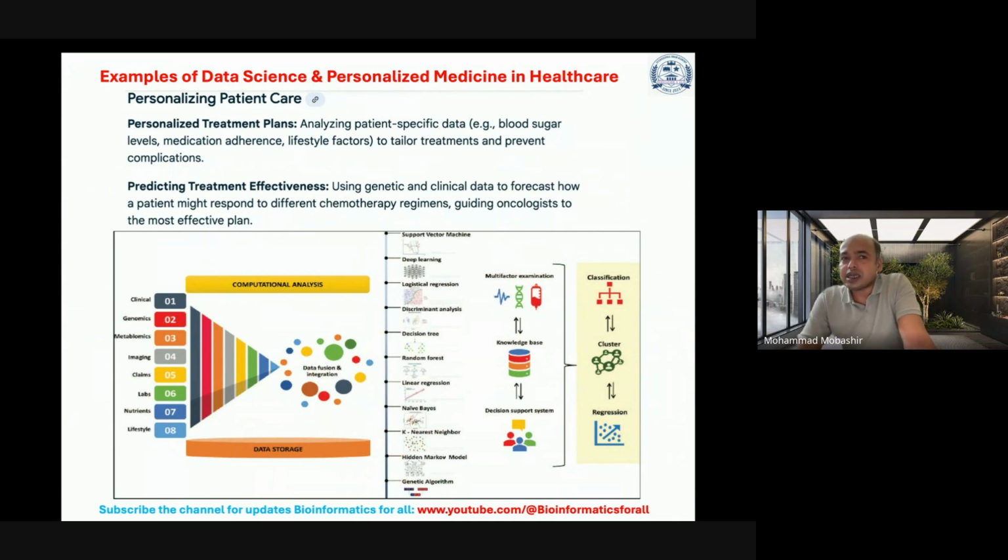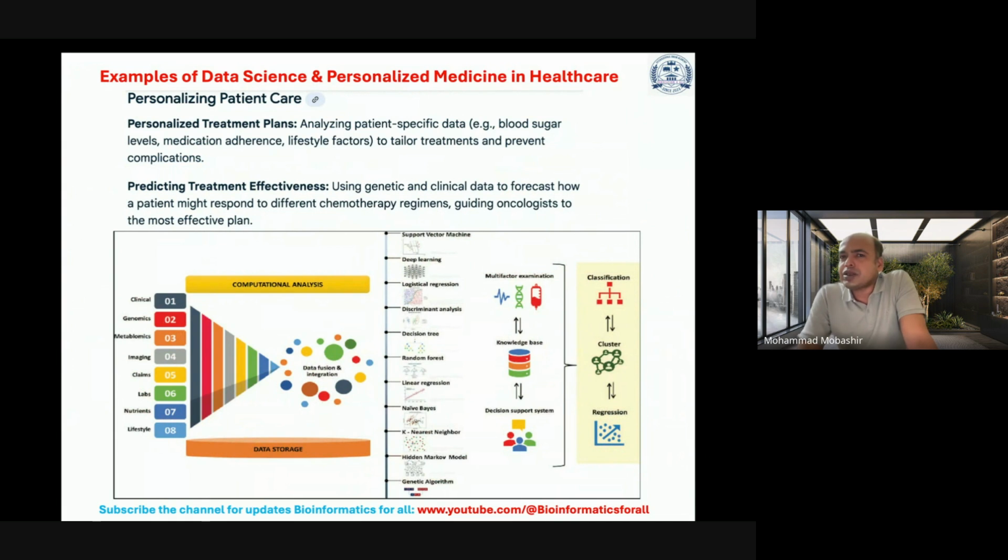That is the examples of data science and personalized medicine. As I mentioned, personalized medicine is basically one person and the specific drug for that specific person. That means one person, one drug.